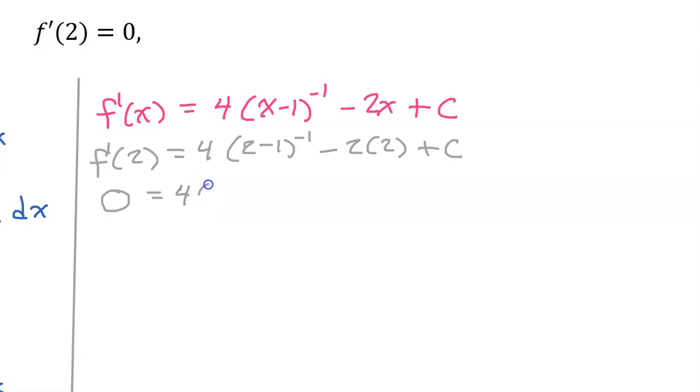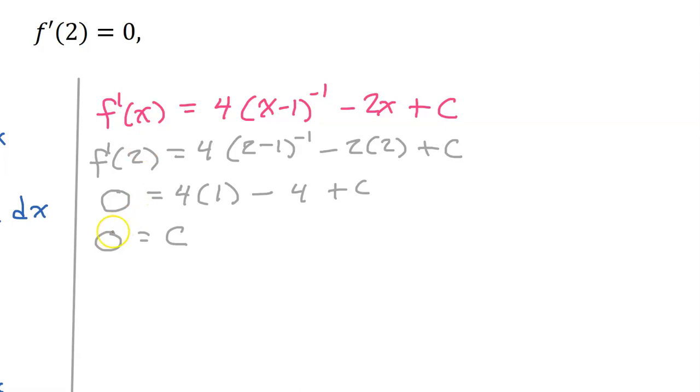So I have 4 times, this is 2 minus 1 is 1. 1 to the negative 1 power is still 1. And then minus 4 plus c. So 4 minus 4 is 0. So this is just c equals 0.